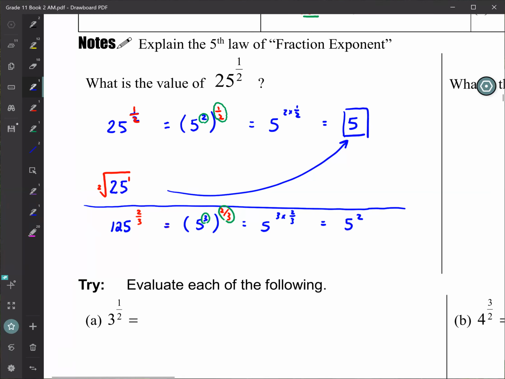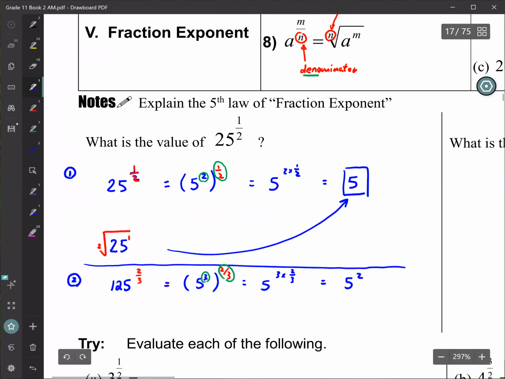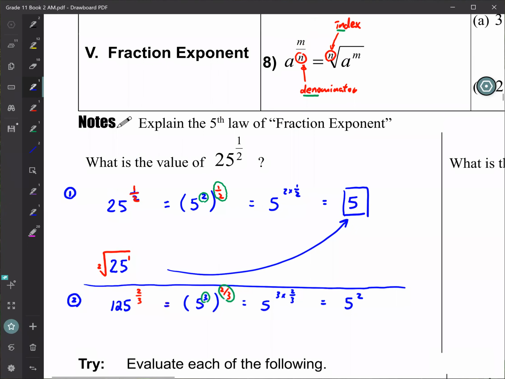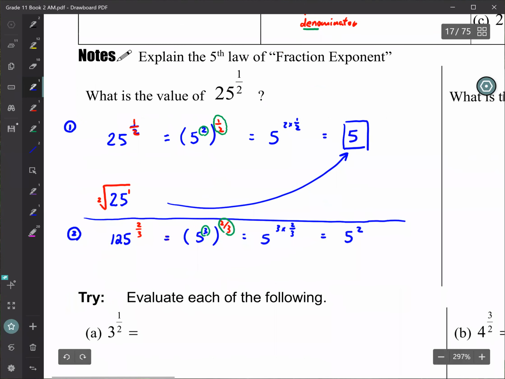So this is the first example on the top, and this is the second example. If I rewrite the 2/3 using the radical, remember the denominator is the index. So let's try that.